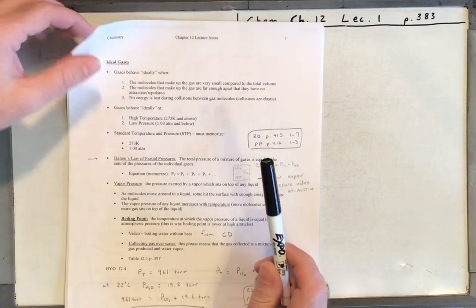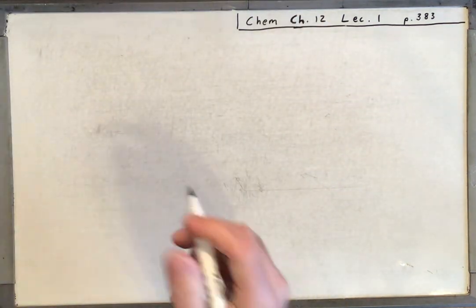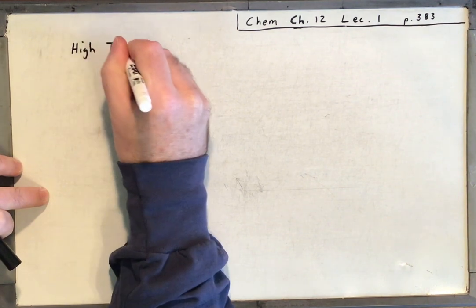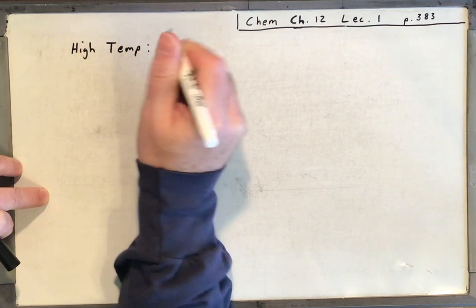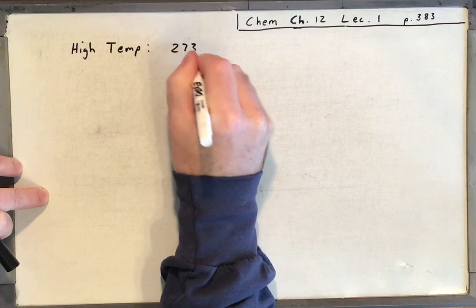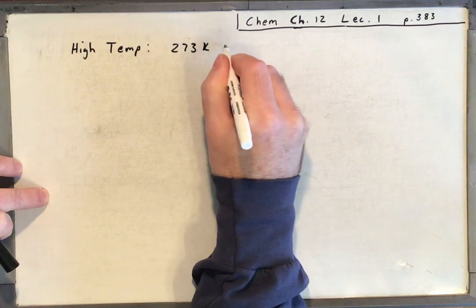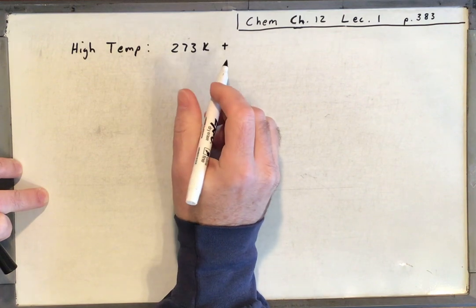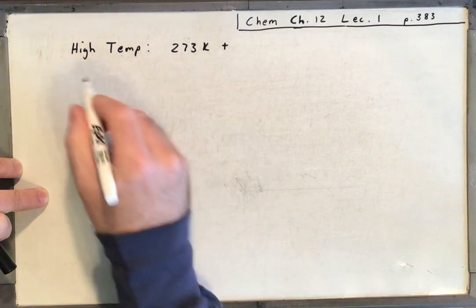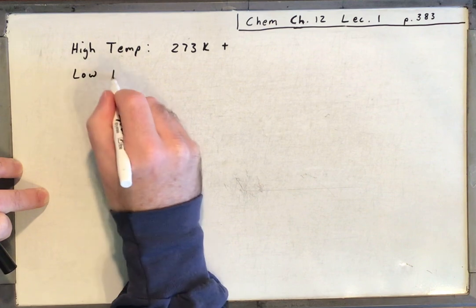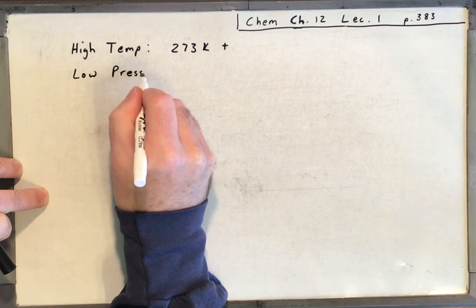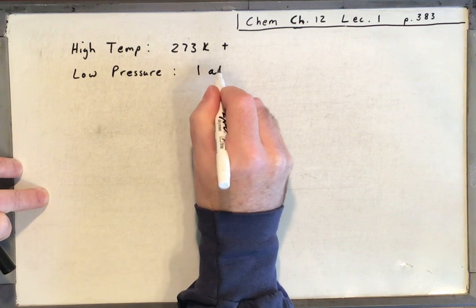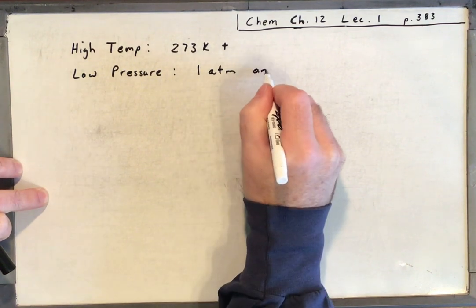Gases behave ideally at high temperature and low pressure. You're going to need to memorize this. In chemistry, high temperature is 273 Kelvin and above. So 273 plus. Low pressure in chemistry is 1 atmosphere and below.